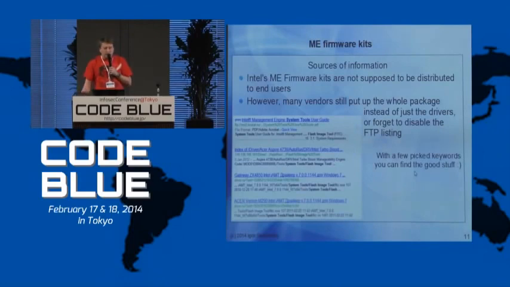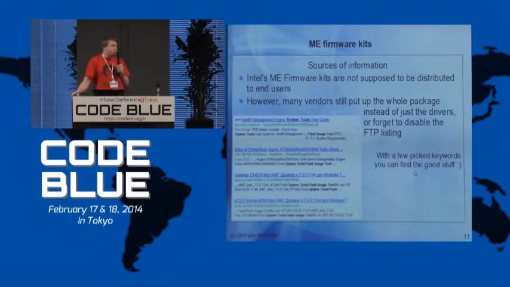Another thing Intel provides to OEMs, to the makers of motherboards, is called the ME firmware kit. This contains various very low-level information about ME that is intended for the actual makers of motherboards and BIOS.